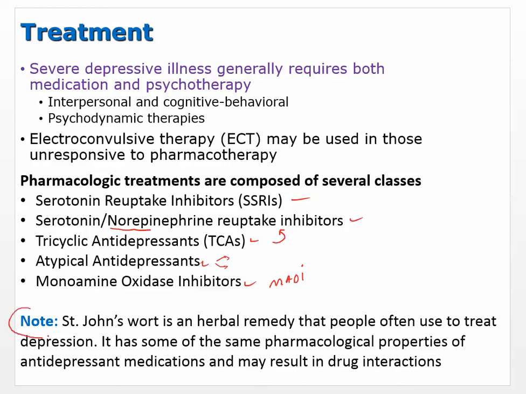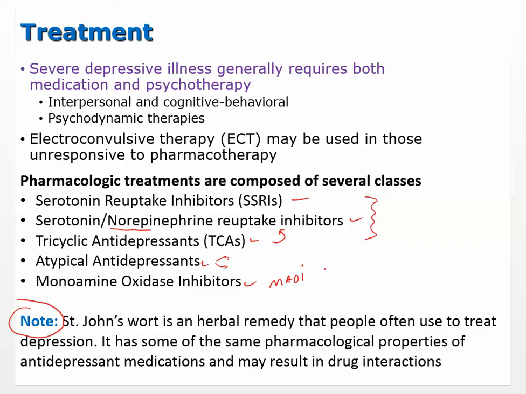So I have a note here, and it says St. John's wort is an herbal remedy that people often use to treat depression. St. John's wort is available. You can buy it at a store where they sell herbal remedies. And it actually works in many of the same ways. It does have some of the same properties as many of these drugs.